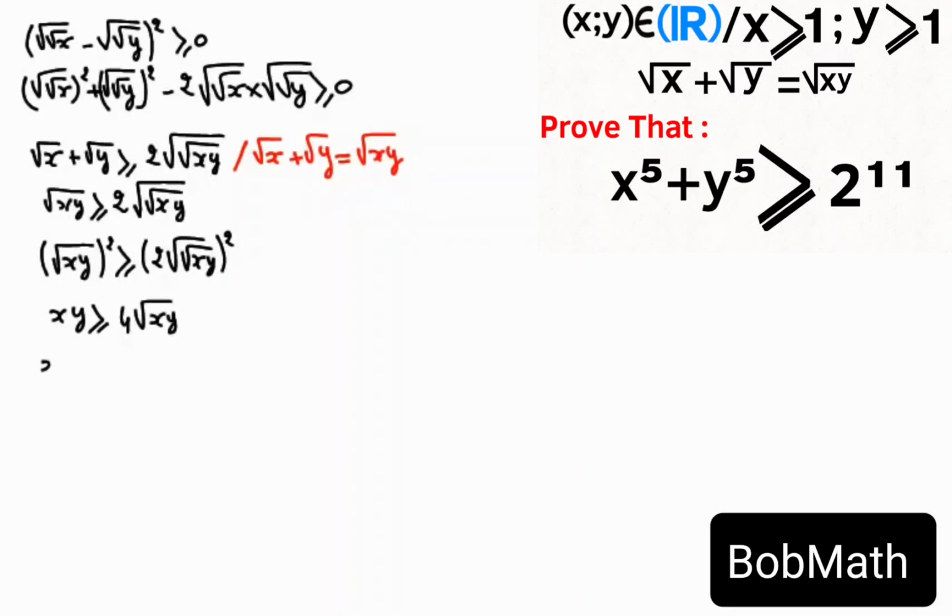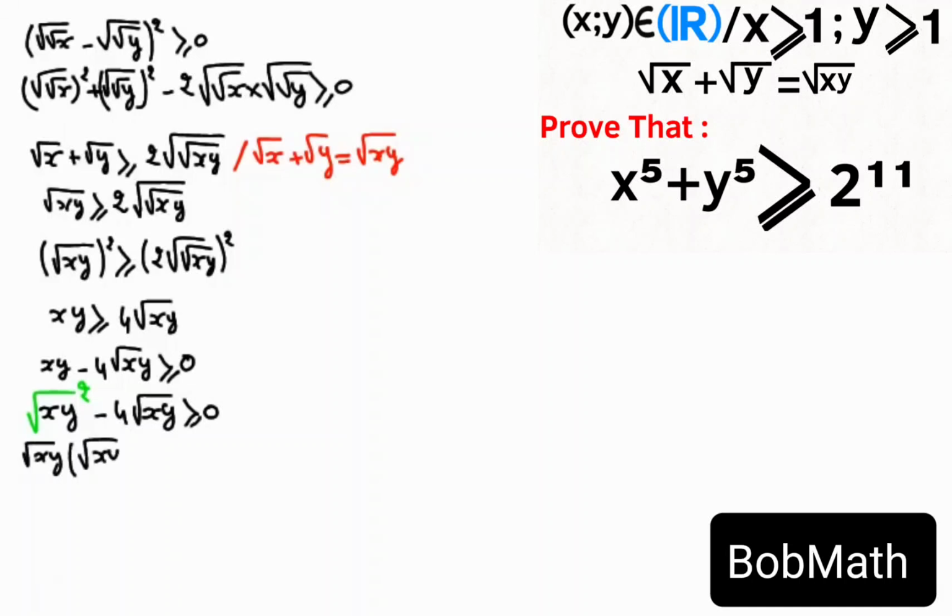Then xy minus 4 square root of xy is greater than or equal to 0, and therefore square root of xy all squared minus 4 square root of xy is greater than or equal to 0. Now we have a common factor, the number square root of xy. So square root of xy times (square root of xy minus 4) is greater than or equal to 0.